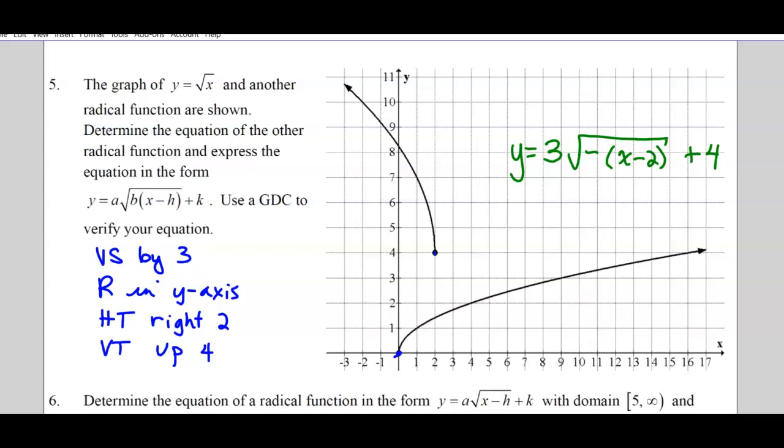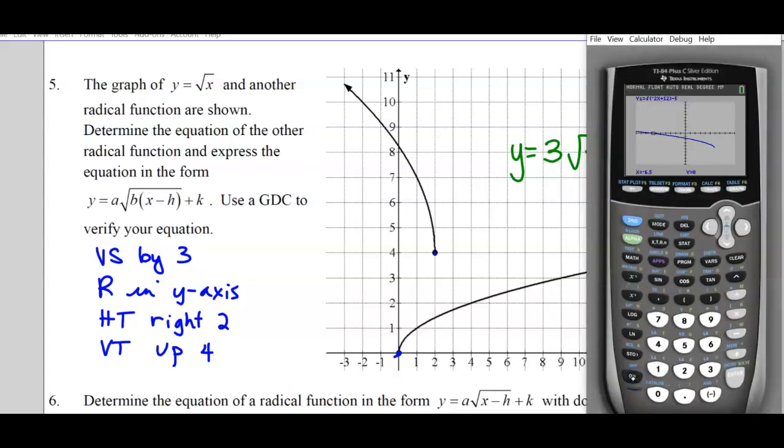Okay, so let's check. We could check by hand, but let's check on our calculator, because that's what it says to.